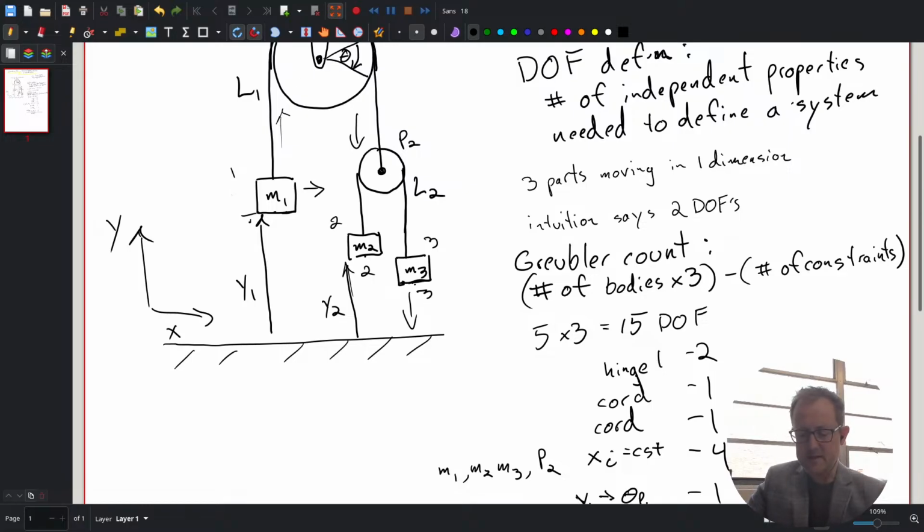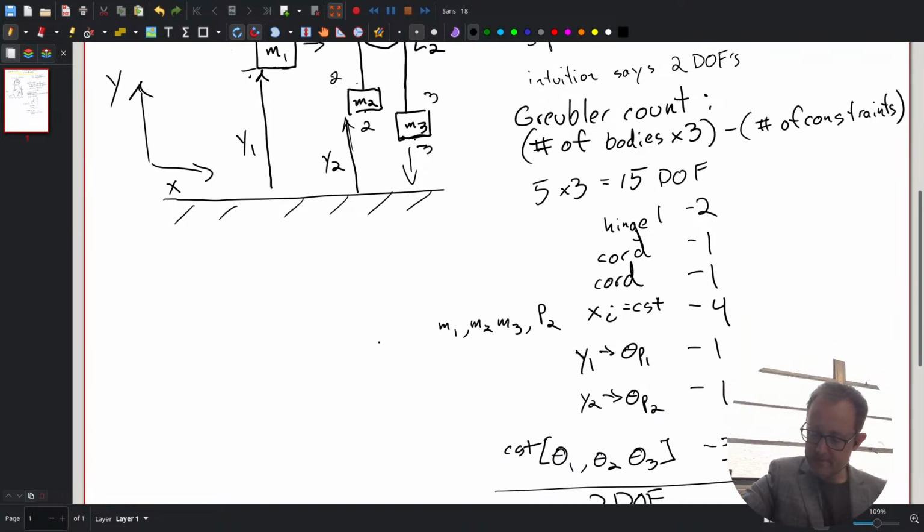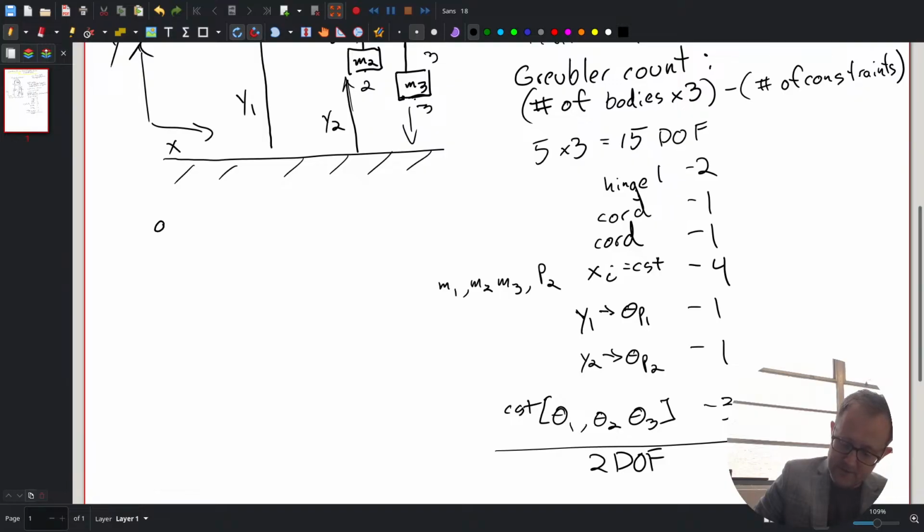That's a little easier since we don't have the cord lengths. So if mass 1 is moving up 1 meter per second and mass 2 is moving up 1 meter per second, mass 3 has to be moving down. It's got to be double that because it's moving down from the pulley and it's moving down from the mass 2 length of cord. All right, so my generalized coordinates, Q, are y1 and y2.